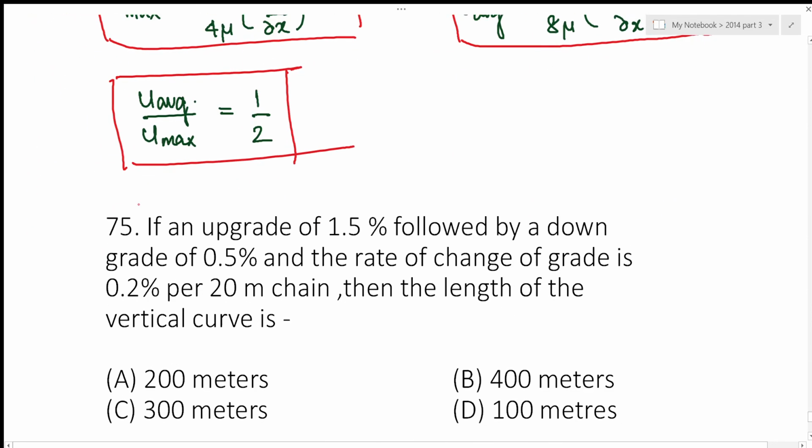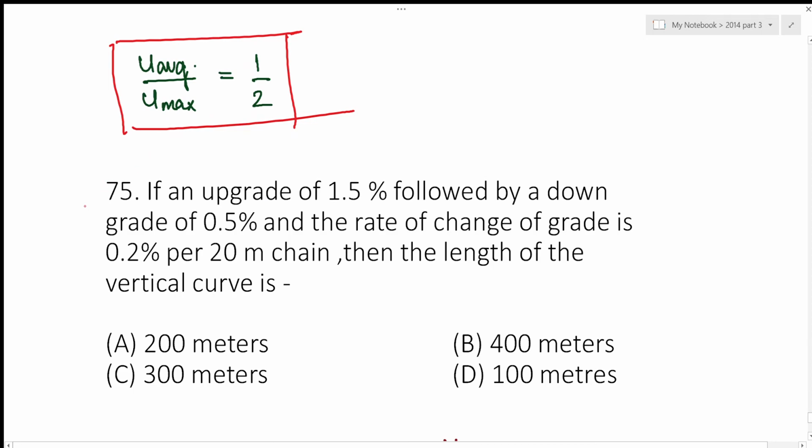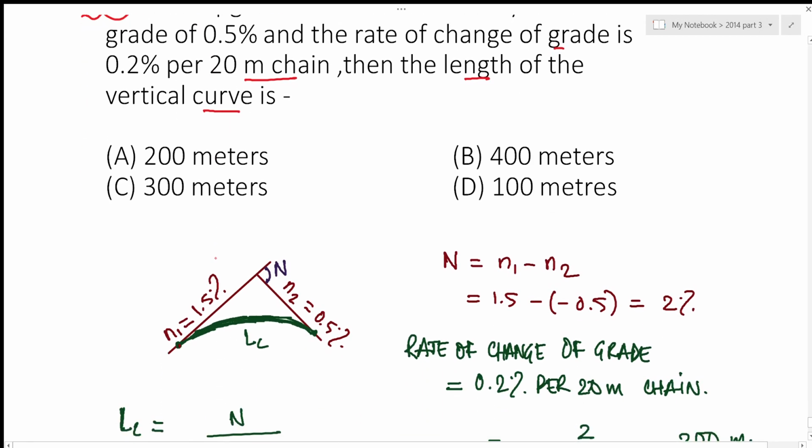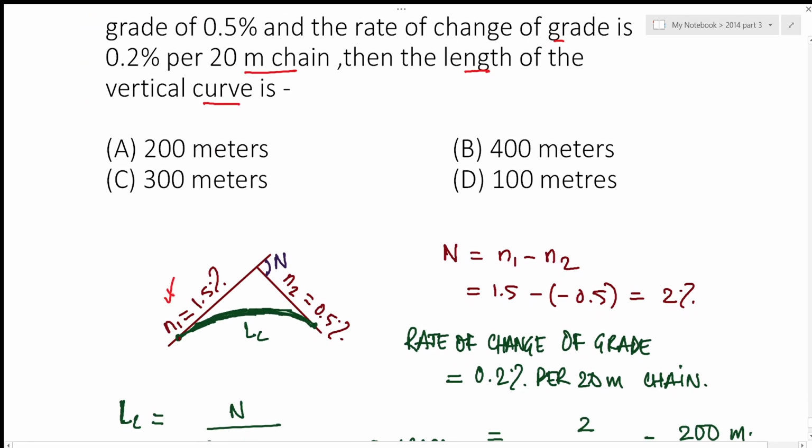The next question is: if an upgrade of 1.5% is followed by a downgrade of 0.5%, and the rate of change of grade is 0.2% per 20 meter chain, then the length of vertical curve is? Now the upgrade here is 1.5% and the downgrade is 0.5%. The change in gradient is n1 minus n2, where we take upgrade as positive and downgrade as negative.